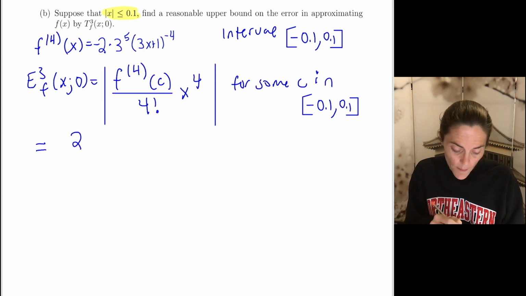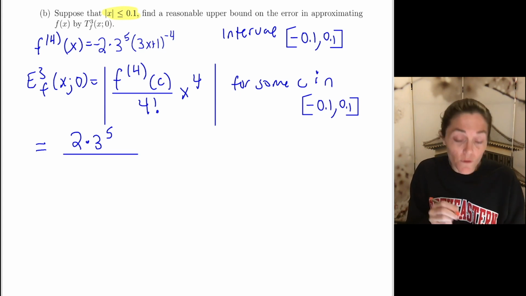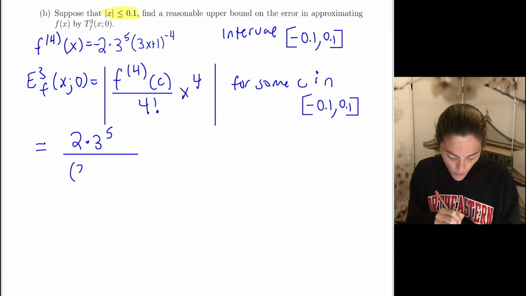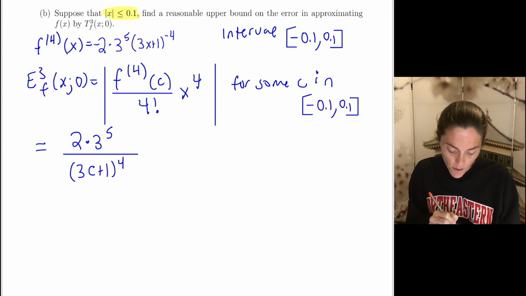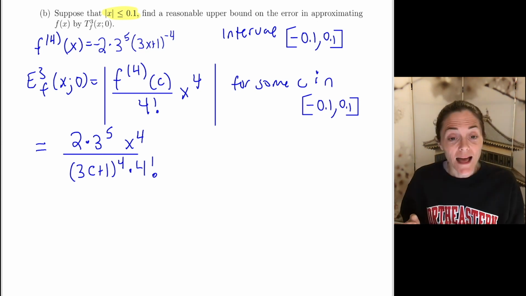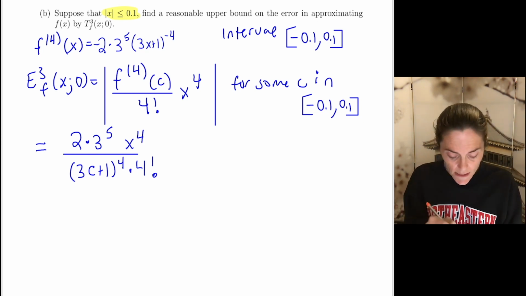So one more step. This would be 2 times 3 to the 5th. This power of 3x plus 1 is in the denominator. So we have 3c plus 1 to the 4th. Down here, we have a 4 factorial. And then up here, we have an x to the 4th. Well, I think about this as a two-step process.